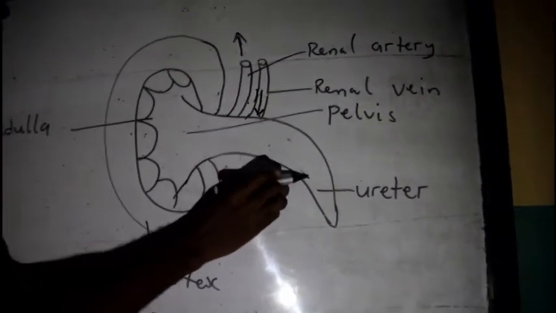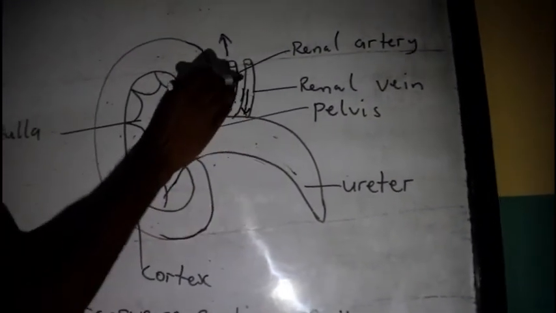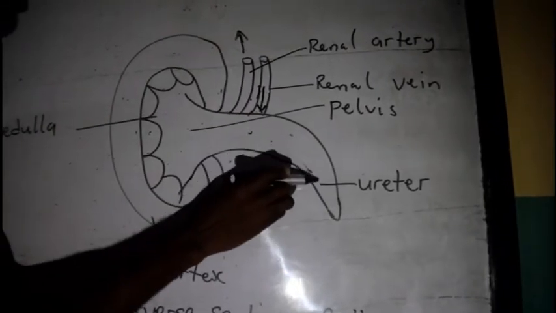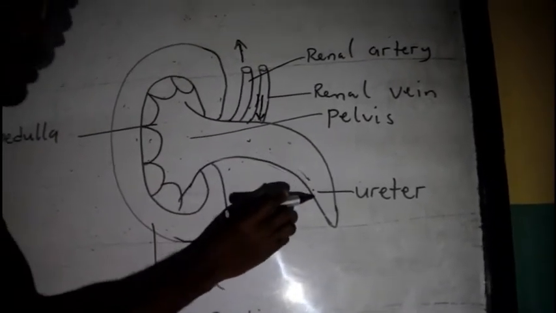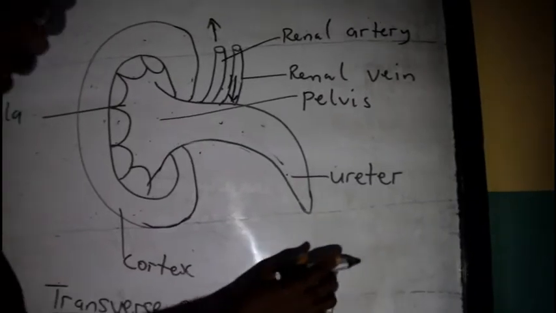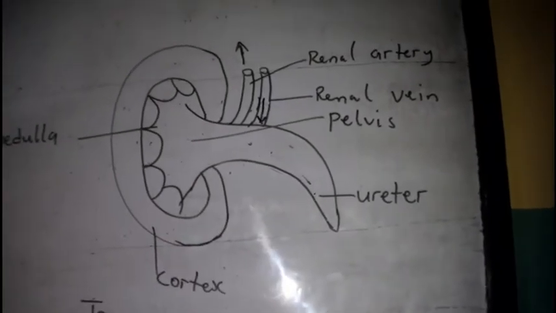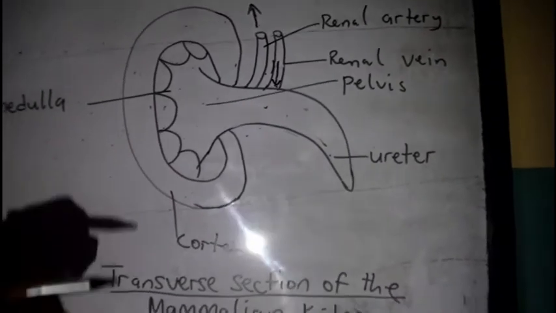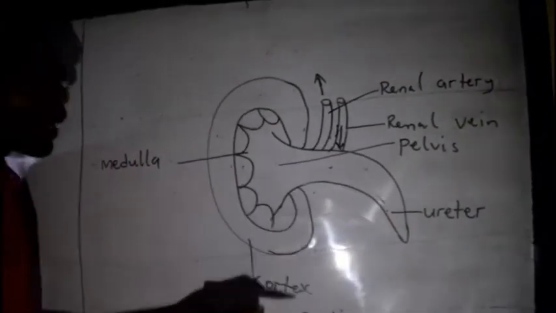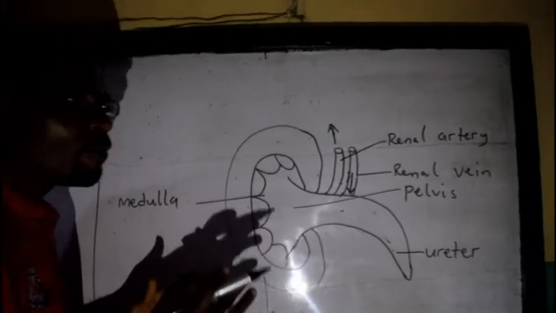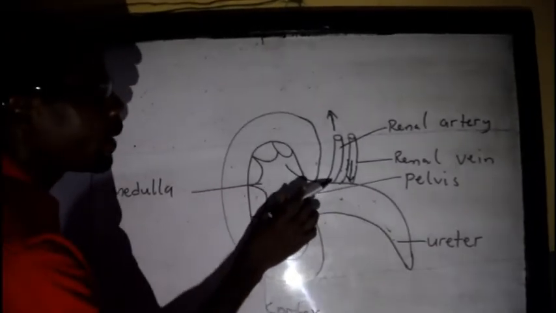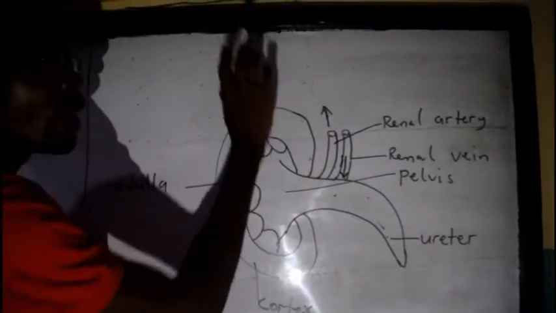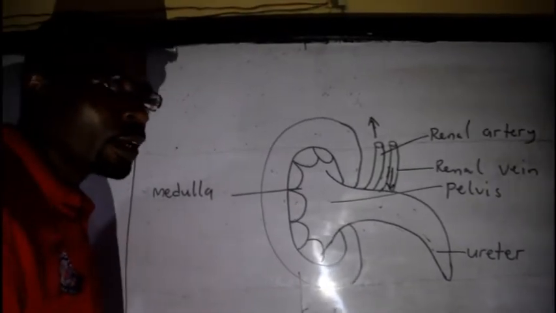Will be sent to the ureter from the renal artery to the ureter. When it gets to the ureter, it will now go to the bladder, where it comes out of the exterior. Through the bladder. Then the filtered blood will now enter through this part and go out for circulation.